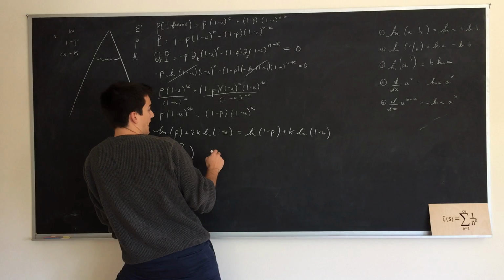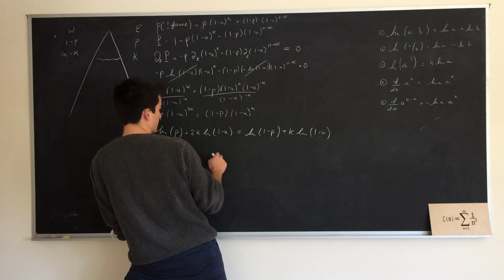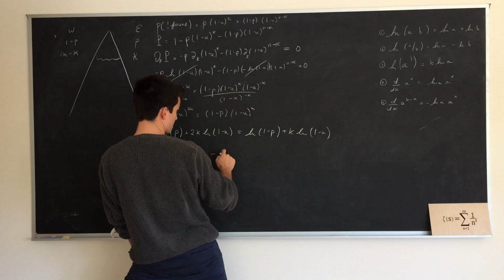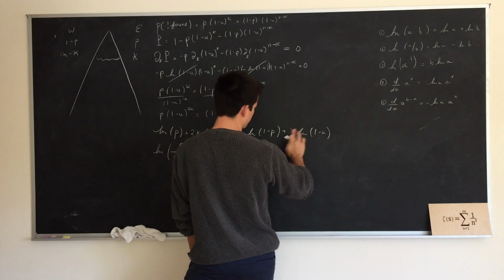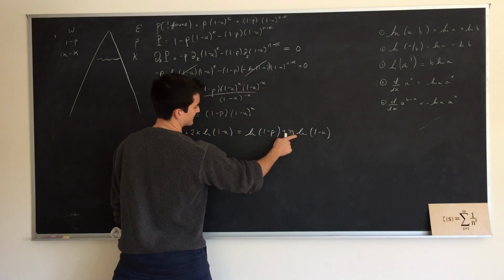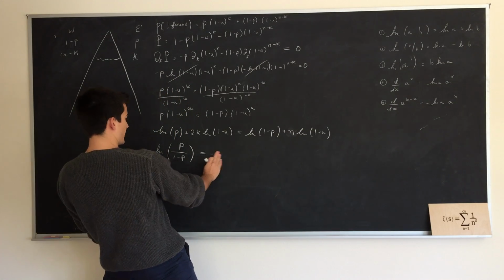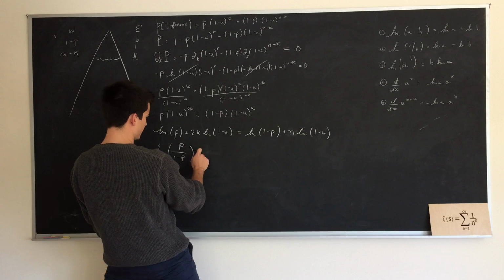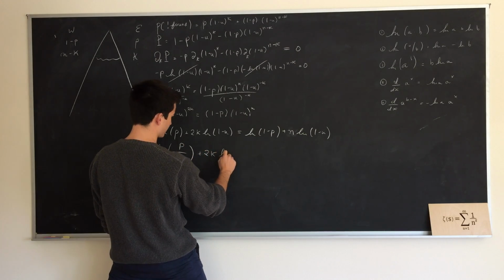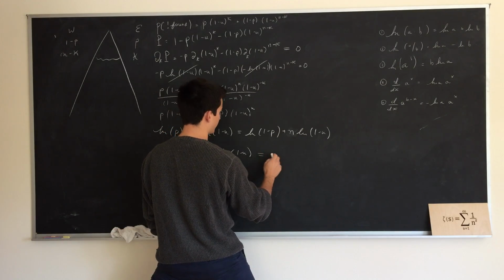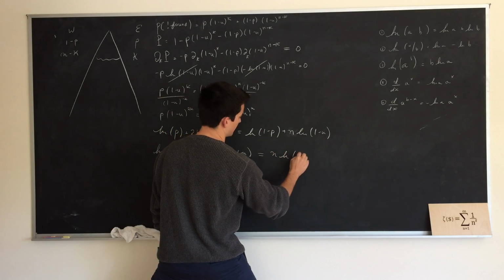And then we have this equaling, oh, that's an n, my bad. I wrote it looked kind of like a k. All right. We have this natural log of this quotient plus 2k natural log of 1 minus u equaling n natural log of 1 minus u.